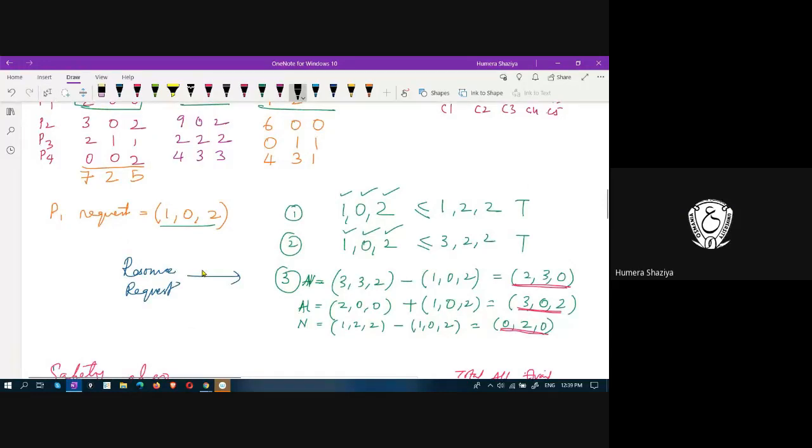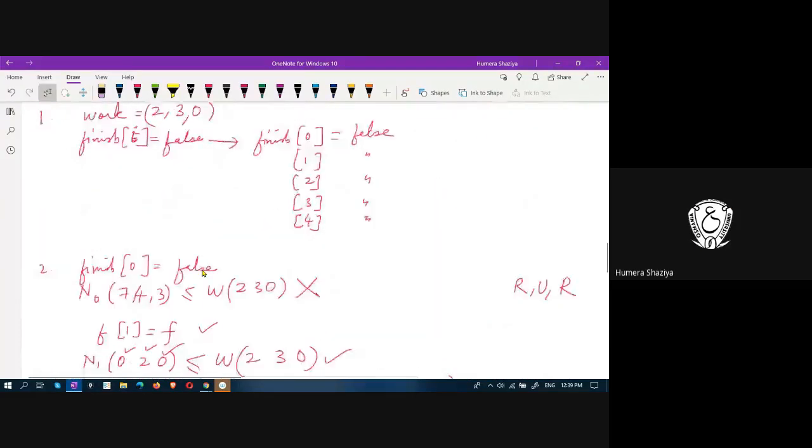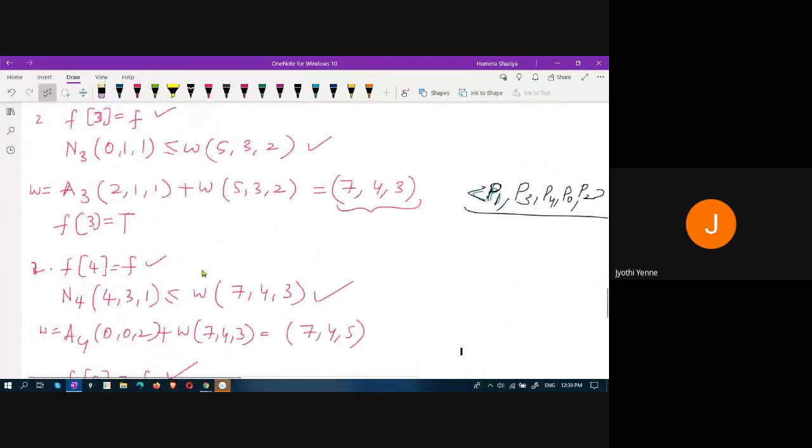Because P1 requested 1 0 2, we started all this process, and we ended up in a safe state, and we could obtain a safe sequence. Therefore, P1 can be given the requested resources of 1 0 2.